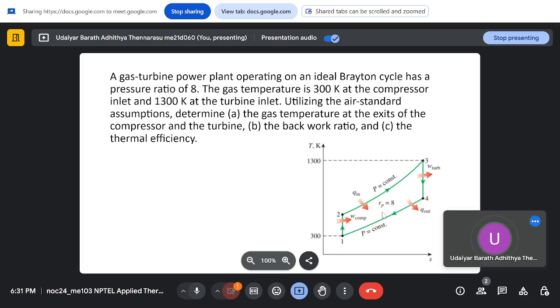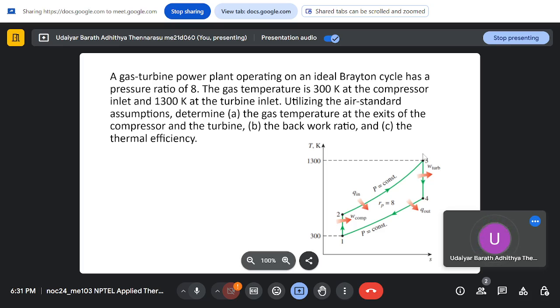The cycle is operating with a pressure ratio of 8, and the gas temperature at the compressor inlet, that is the minimum temperature, is 300 Kelvin, and the maximum temperature, which is the temperature at the inlet of the turbine, is 1300 Kelvin.